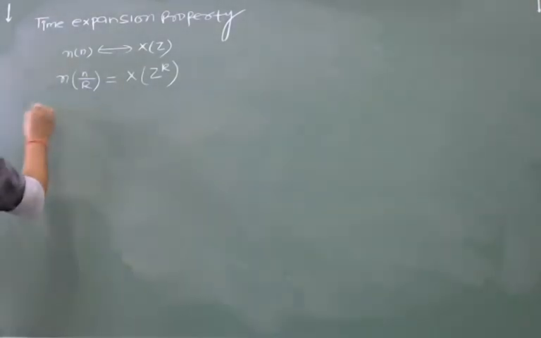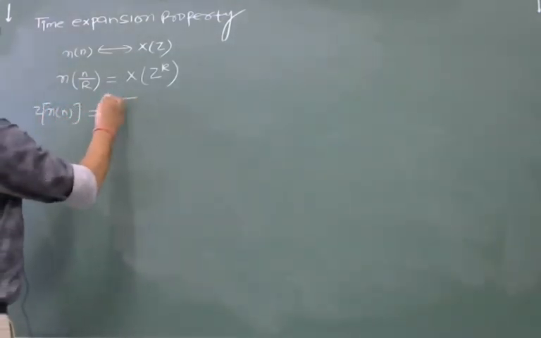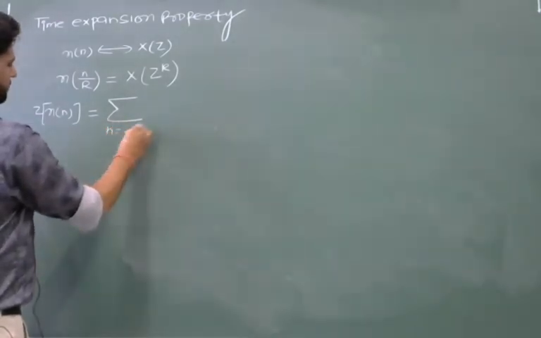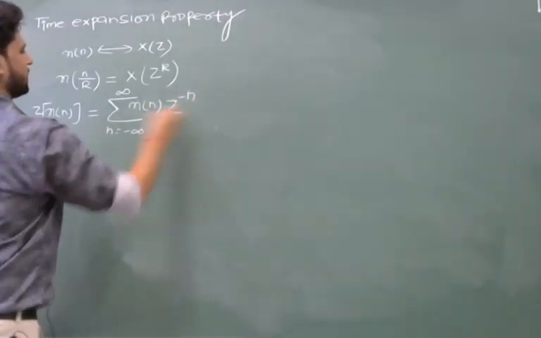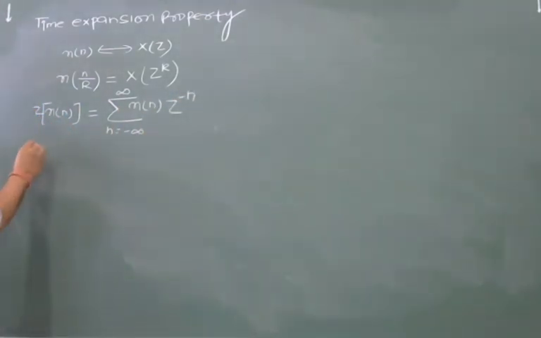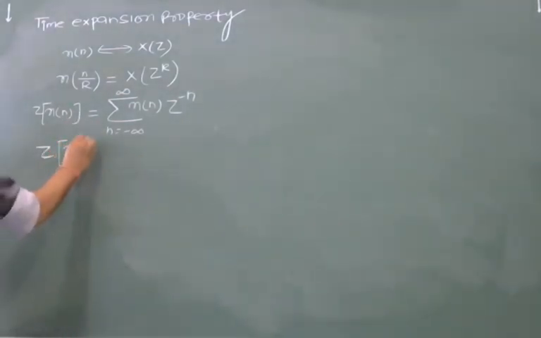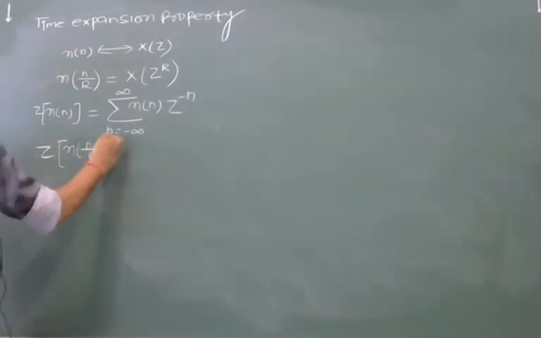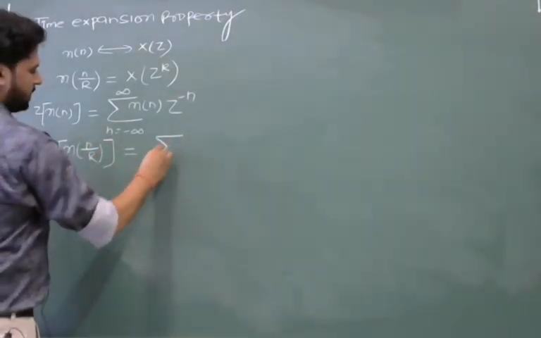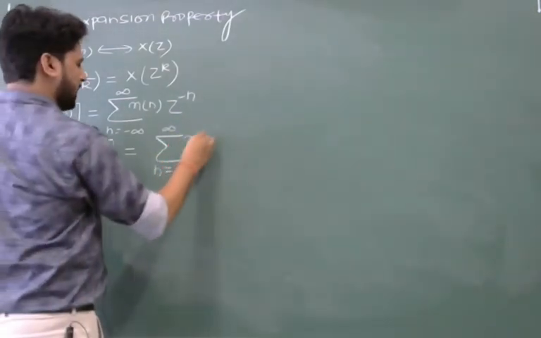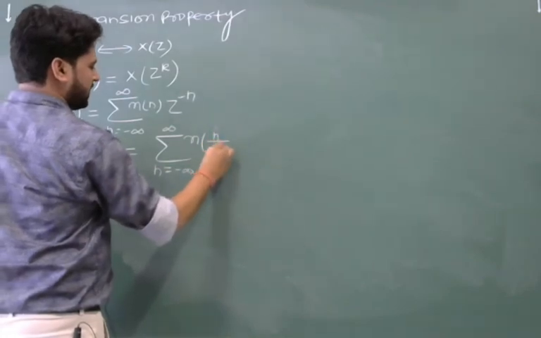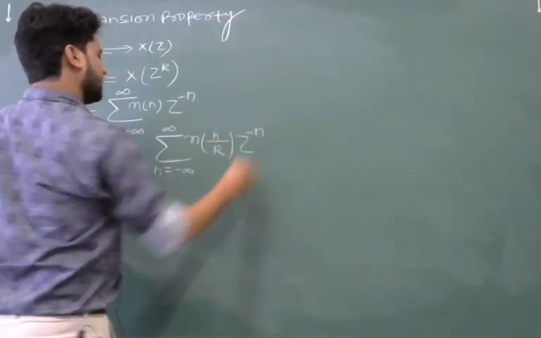The z transform of x of n can be written as sigma n from minus infinite to plus infinite x of n into z power minus n. Then from this we can write the z transform of x of n by k as sigma n from minus infinite to plus infinite x of n by k into z power minus n.